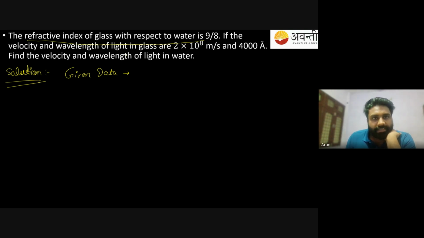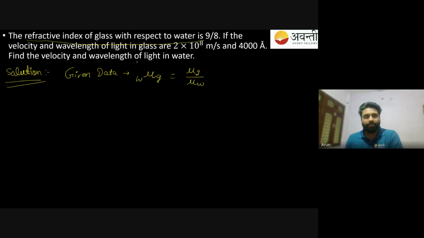So the refractive index of glass with respect to water is given. How are we going to write it? This is mu, the refractive index of glass, with respect to water, which means mu g divided by mu w.